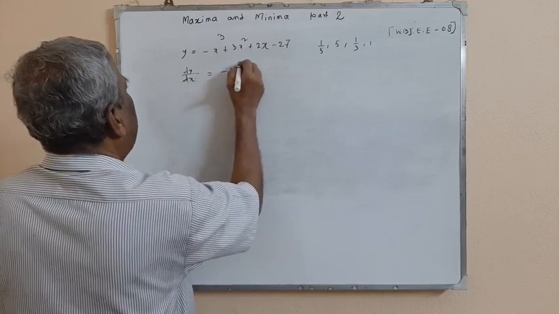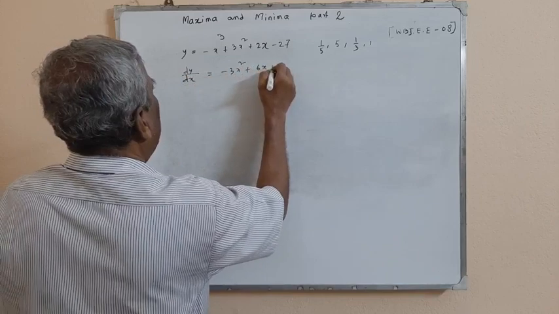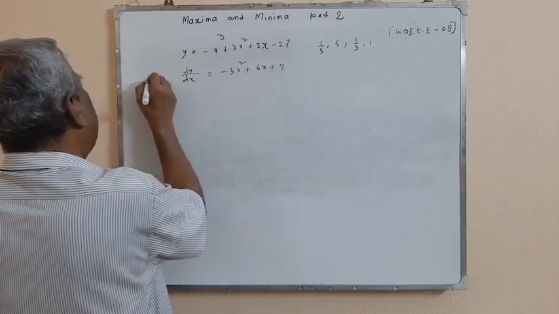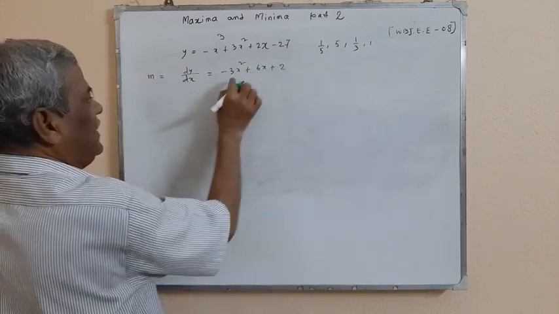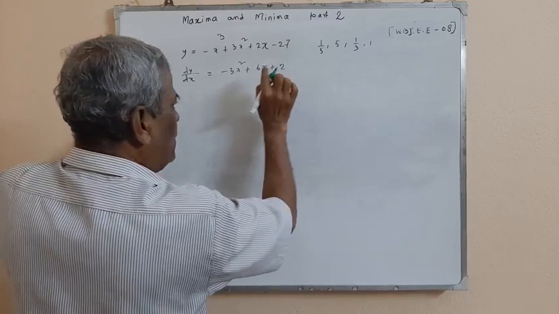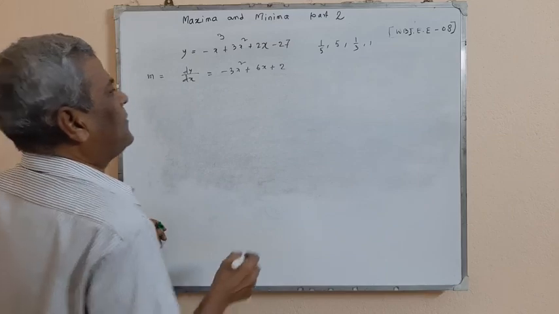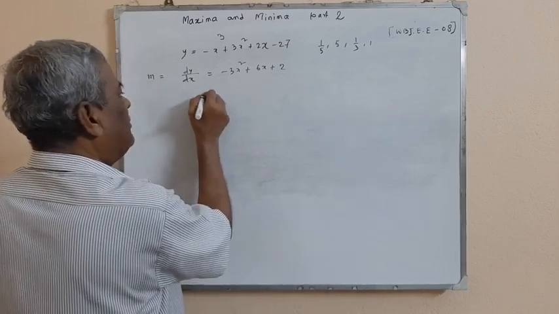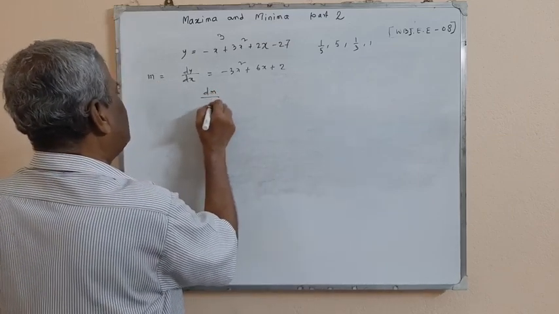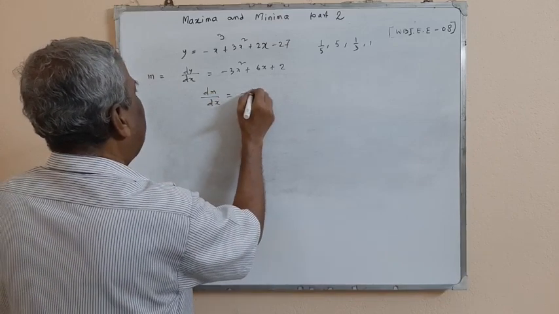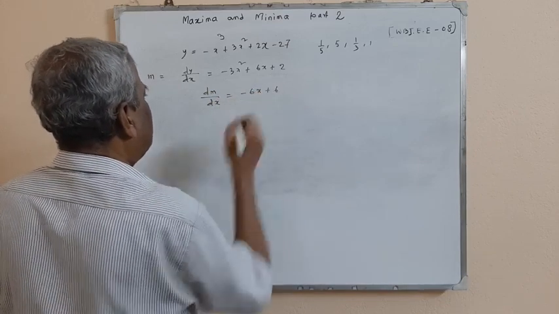Minus 3x square plus 6x plus 2. And let it be m. Slope is m. M is this, slope is this. We have to find its maximum value. For that purpose, dm dx, calculate dm dx. Minus 6x plus 6.